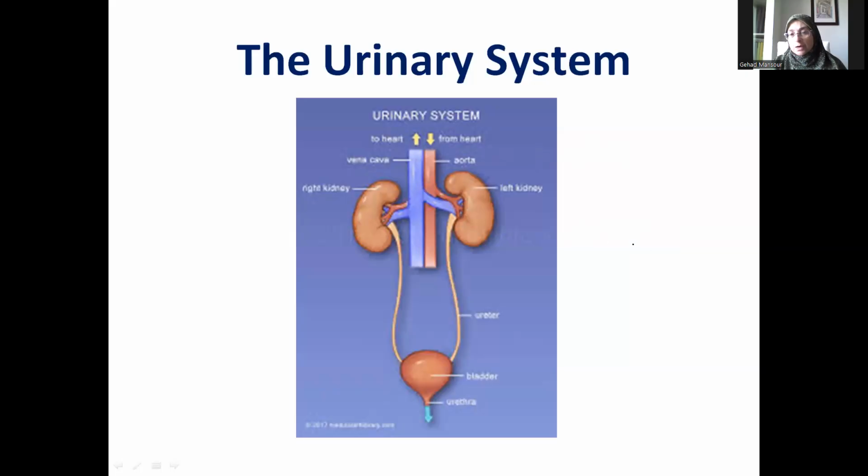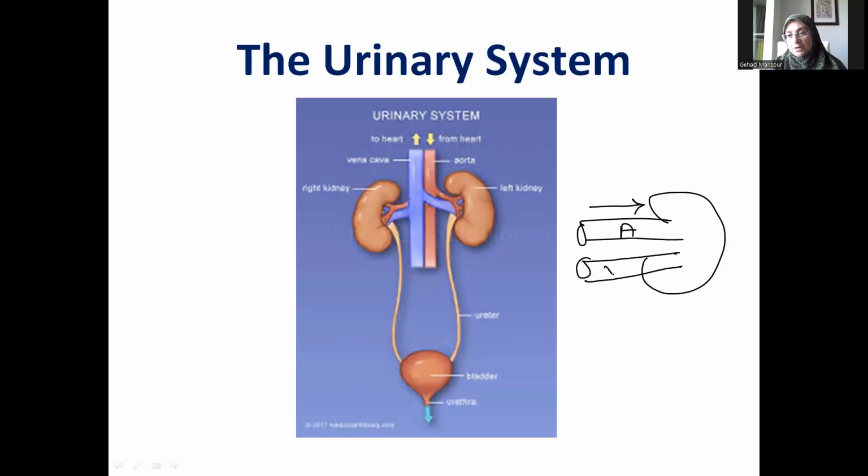Now you might also be asked about the difference between the renal artery and the renal vein. Of course, if we draw the kidney like this, the renal artery will carry blood to the kidney, whereas the renal vein will carry blood away from the kidney. The renal artery will contain oxygenated blood, whereas the renal vein will contain deoxygenated blood.